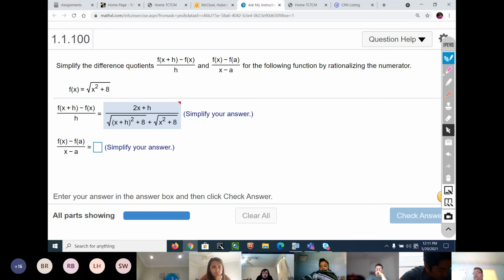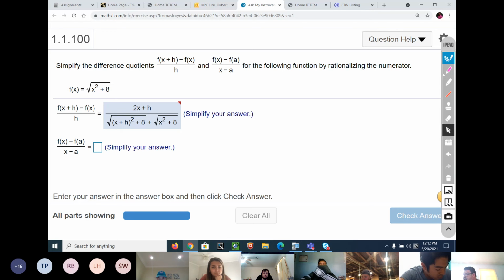Blue, f of x, all over h. And I'm going to do them on separate pages. Since this is a test question, I want to cover it really well. So that way, y'all won't screw it up, even though some of y'all will break an anvil with a banana.